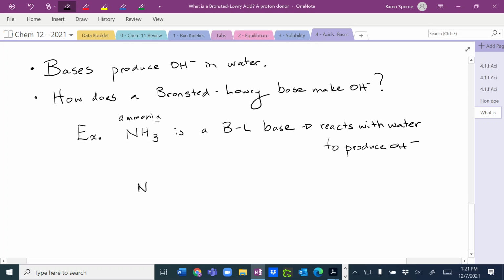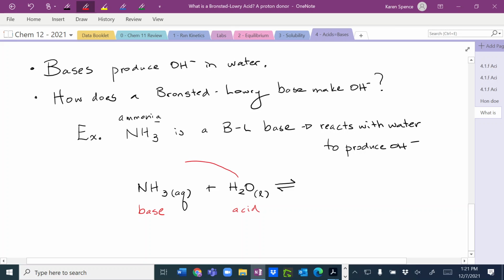So NH3, which is aqueous, dissolved in water as an intact molecule, floating around there, plus H2O, which is a liquid. Because this is the base, what must water be acting as here? It must be acting as the acid.